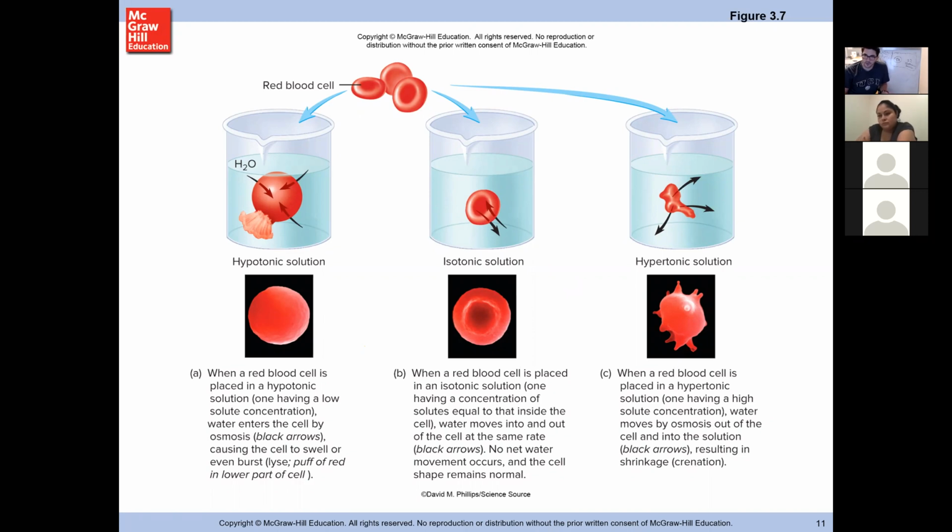Animal cells, human cells, like to be in isotonic solutions, which is why the pH of our blood, since this is a blood cell, is roughly around 7.4, so roughly neutral. We don't have too many dissolved solutes floating around in our blood that can mess with the pH to a significant degree.